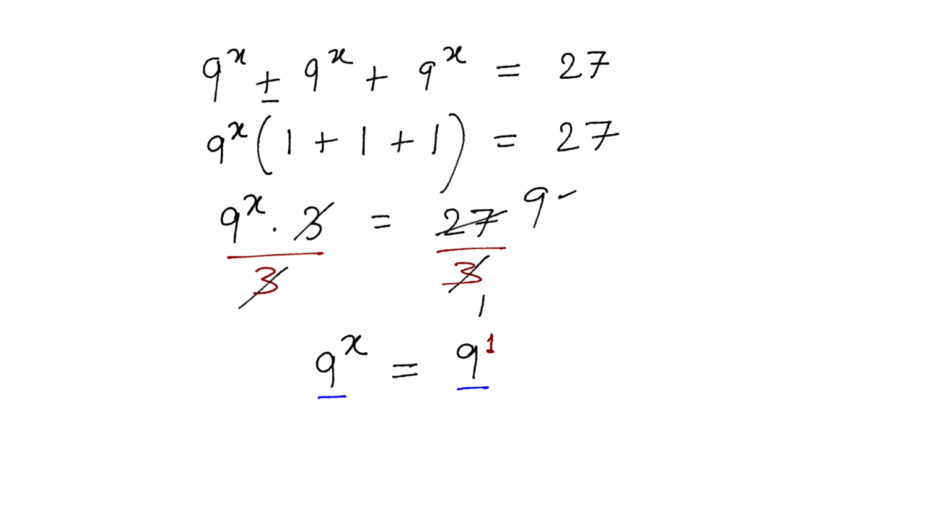So the exponents or the powers can be equated. The powers are x on the left hand side and 1 on the right hand side. So we can simply write x is equal to 1, and that is our answer.